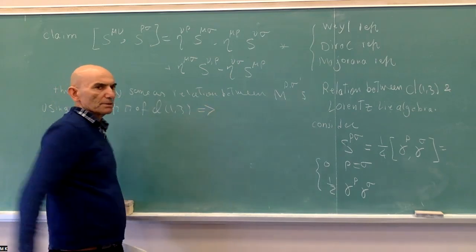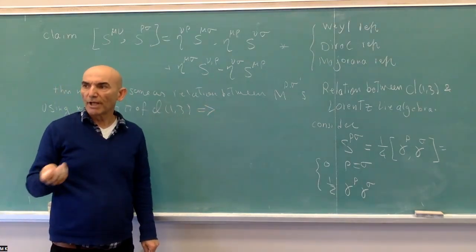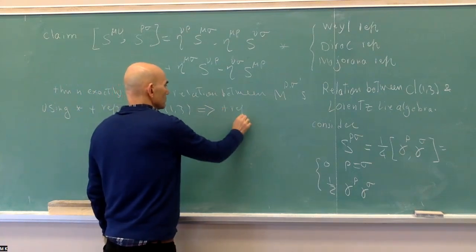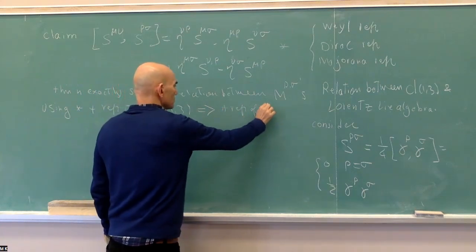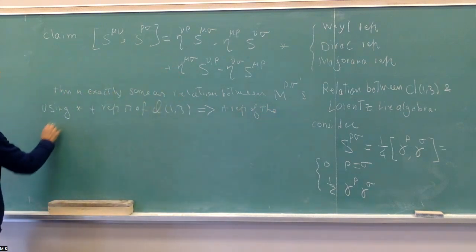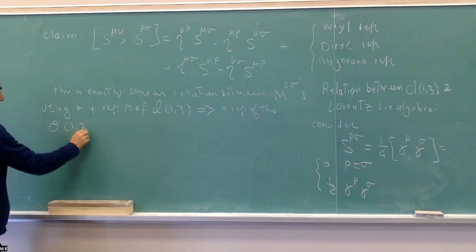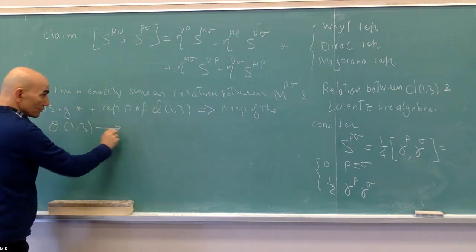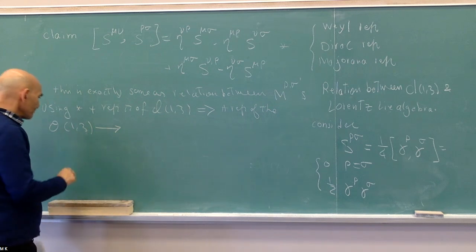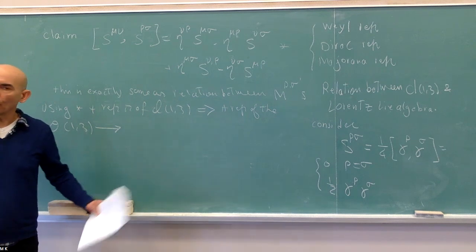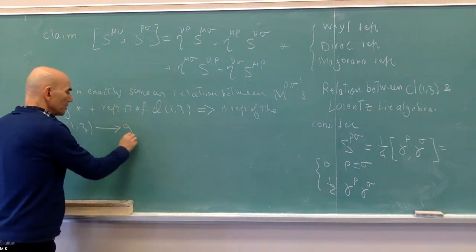Now we are going to get a representation of the Lorentz Lie algebra, little o13, to the 4x4 matrices, little gl4, right?